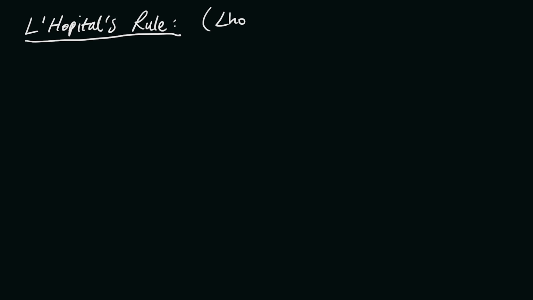So this is what we have, L'Hopital's rule. Remember, this is pronounced L'Hopital. It's not La Hospital, it's not anything like that. It was made by the French mathematician L'Hopital, who was from the 17th century.